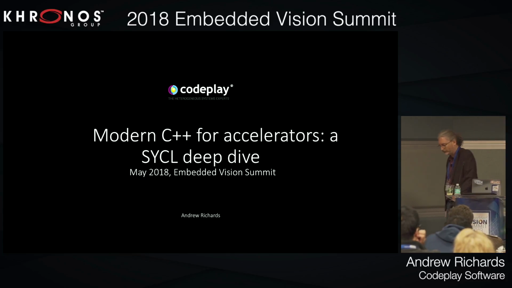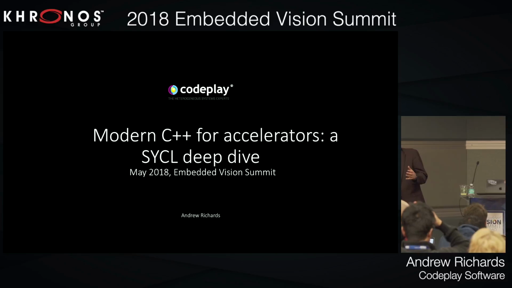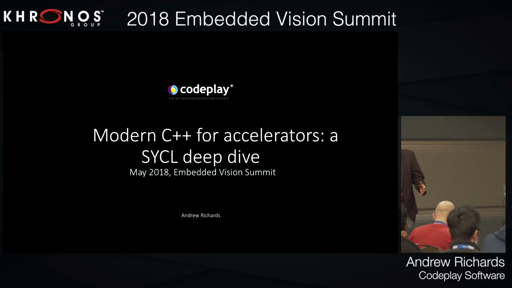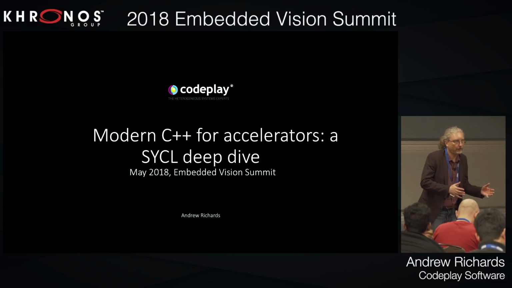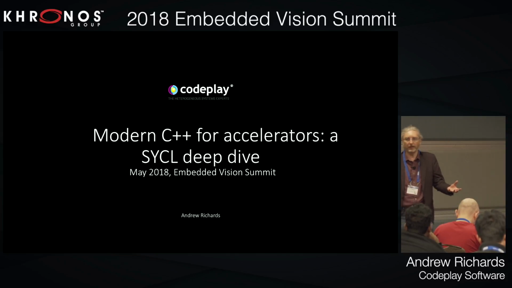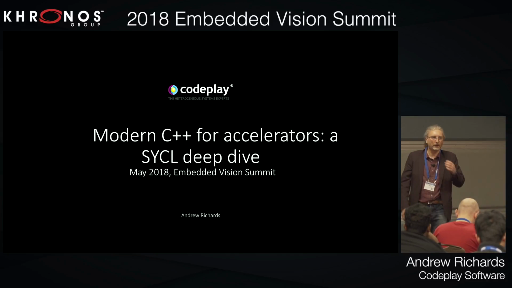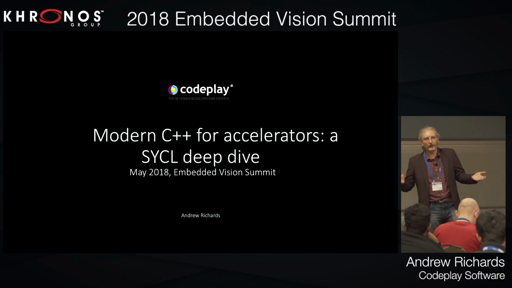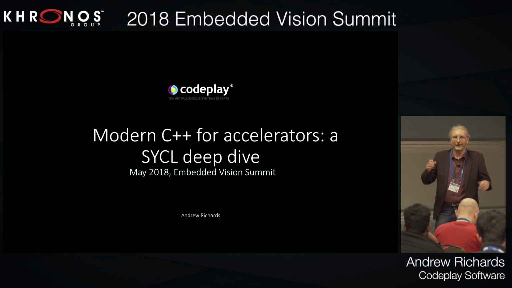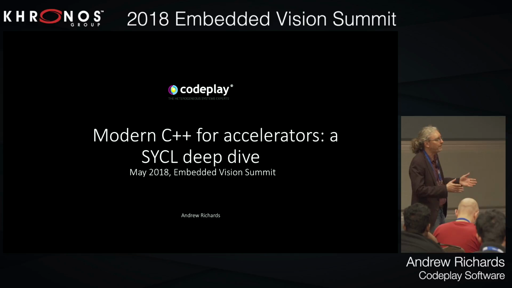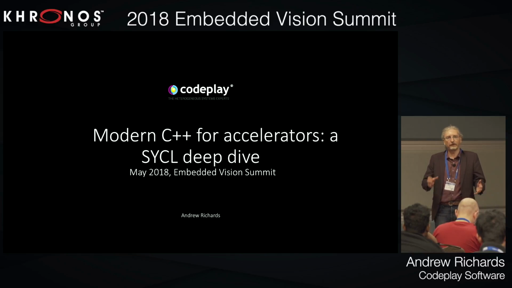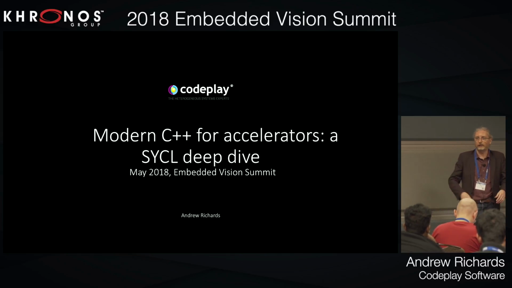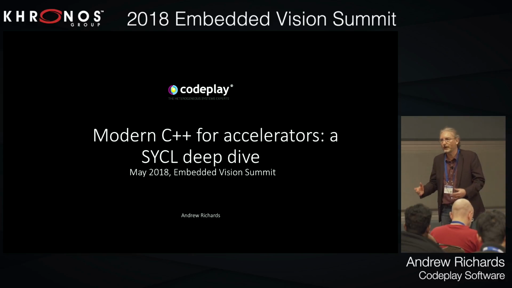Really what we've been trying to do in the SYCL group is standardize C++ for accelerators, because ultimately people write the code in C++. It is true, sad but true, that most accelerator code is written in CUDA, which I'm not very happy about. It would be better if it was written in an open standard that anyone could make use of, anyone could do compilers for, anyone could do research at the compiler level for.